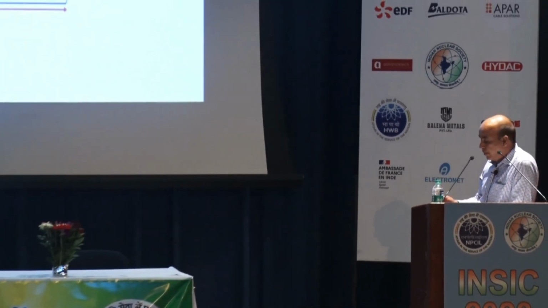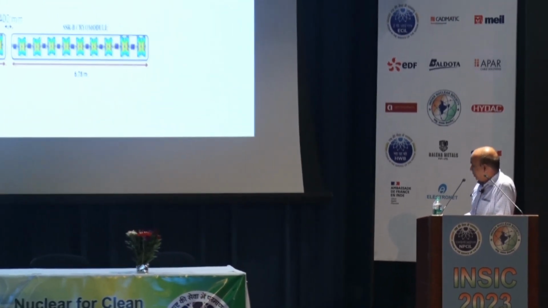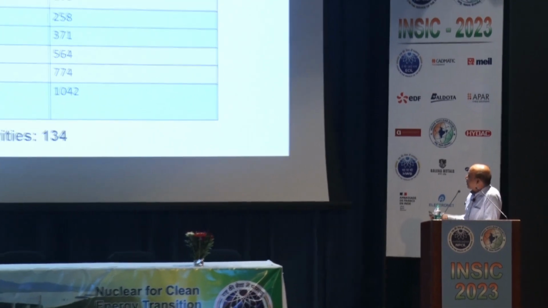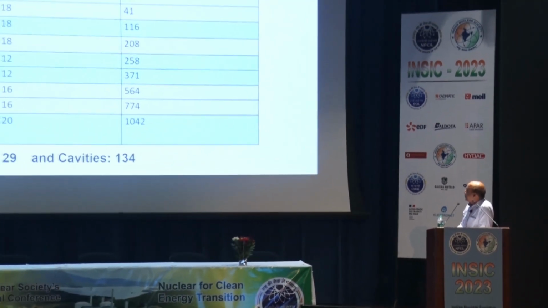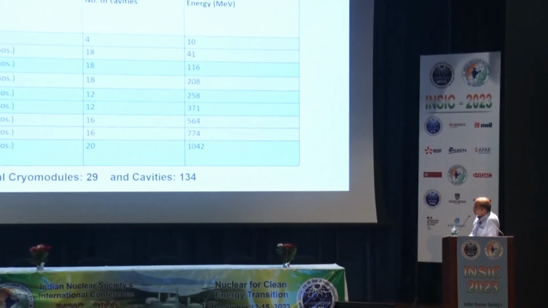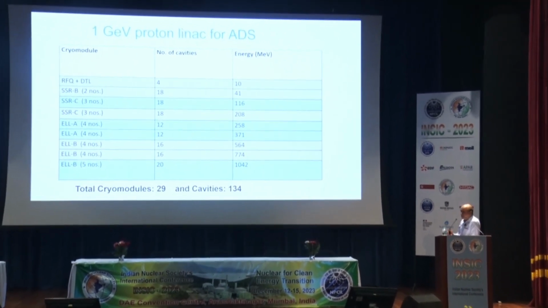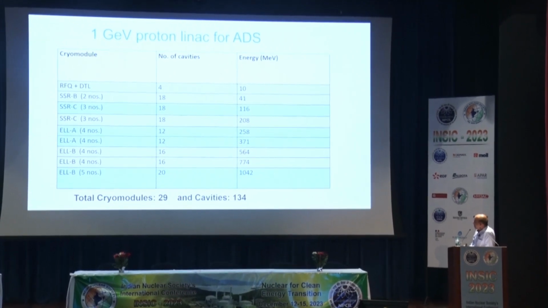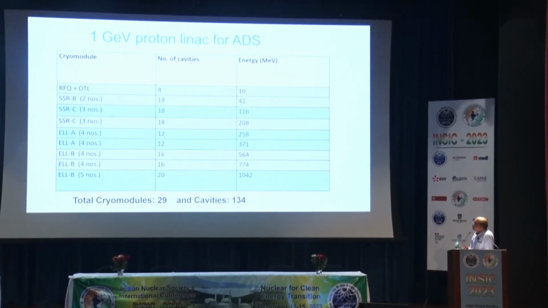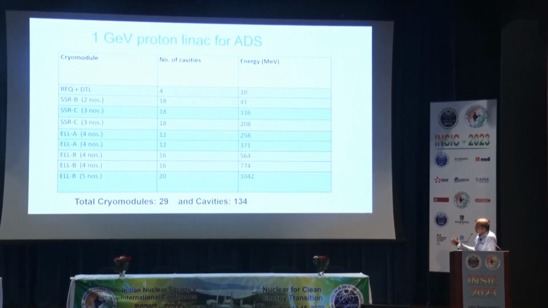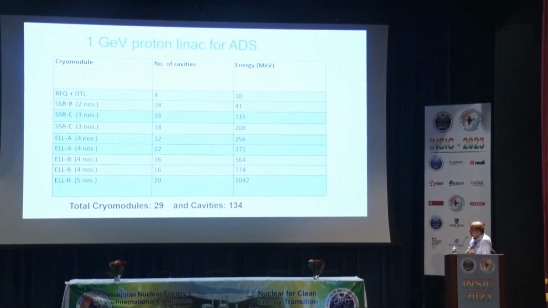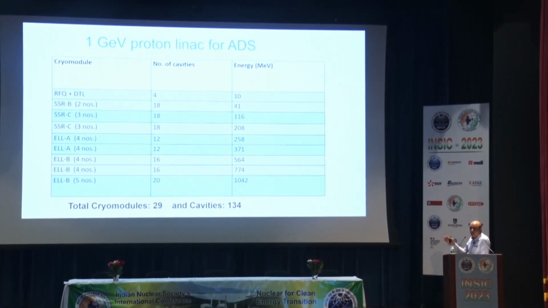And at some stage, they will be integrated in future. Well, this is my final slide. For going up to 1 GeV, just to give you the numbers, we will need around 29 cryomodules and 134 cavity resonators. So this will be the scale of the accelerator, which will be spread over around 250 to 275 meter length.